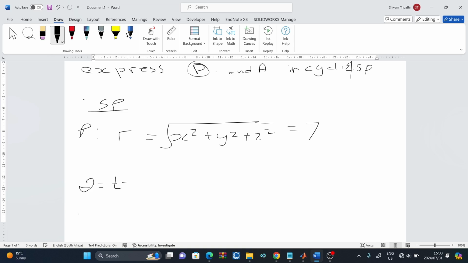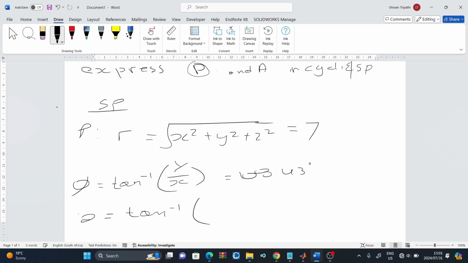Then our phi will be y over x, and our theta will be tan inverse of the square root of x squared plus y squared divided by z.